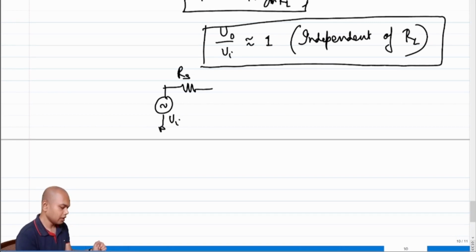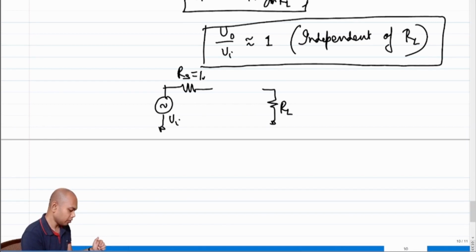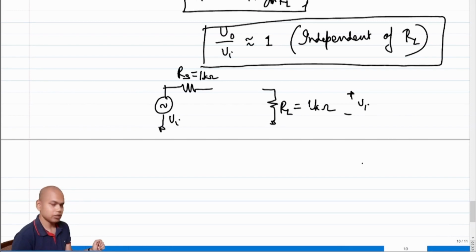We cannot do anything about it, and let's say I have to deliver this Vi across another RL. Let's say Rs is equal to 1 kilo ohm and this RL is also 1 kilo ohm. If this is the case, how will I develop a voltage Vi across RL?